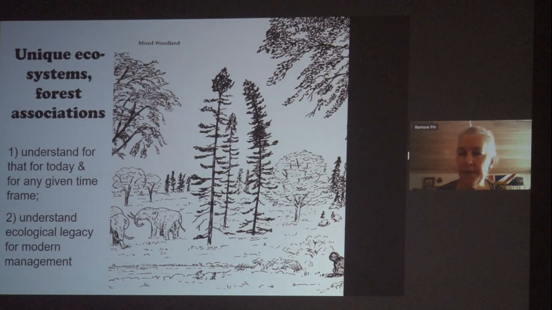Again alluding to what Deb Willard said, for forest managers and things like restoration ecology, you need to understand that ecological legacy, and again mirroring what she said, which window in time are you going to select for management. It should all be really well understood.